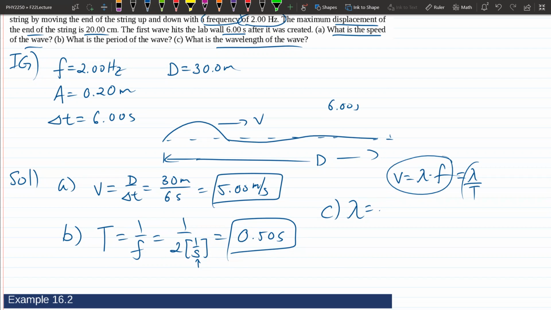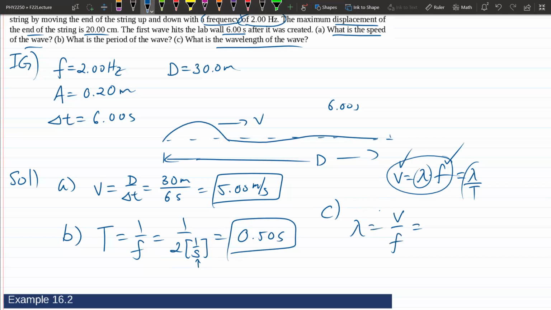So if we know the speed and we know the frequency, we can solve this for the wavelength. Therefore the wavelength is just the speed divided by the frequency.